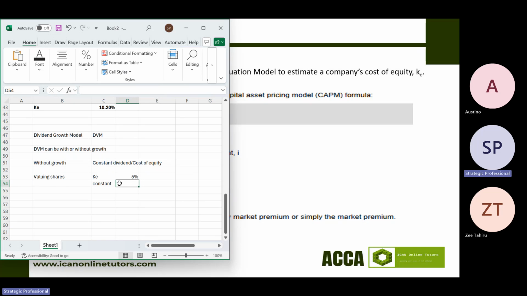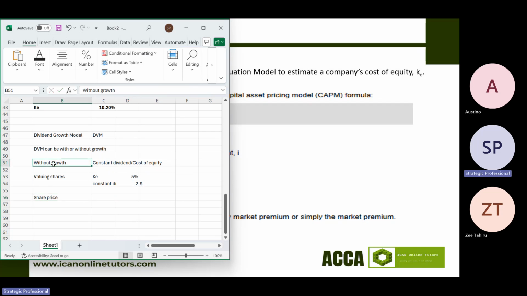So if my constant dividend is $2, and I want to get the share price, this is without growth.